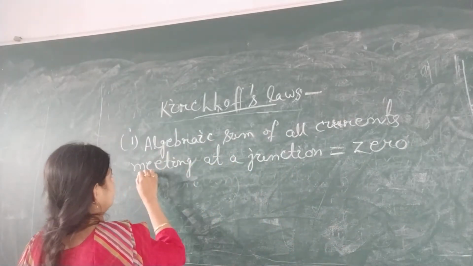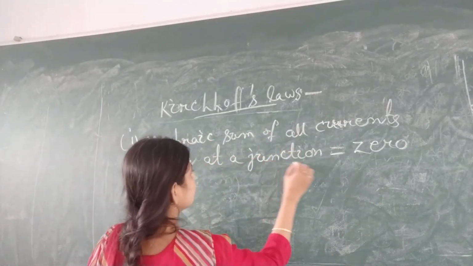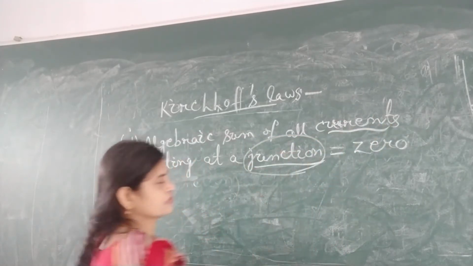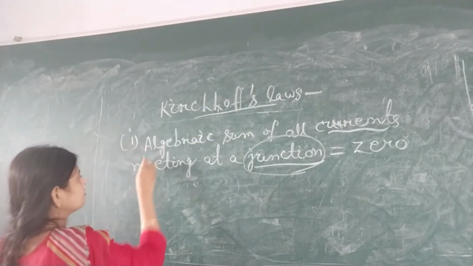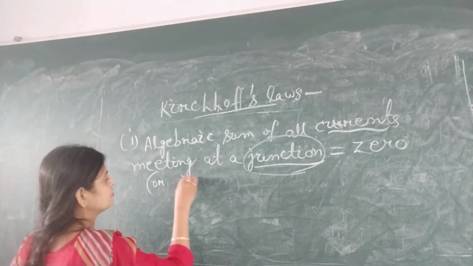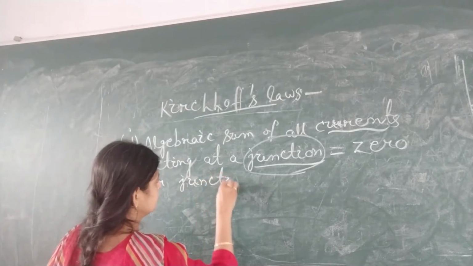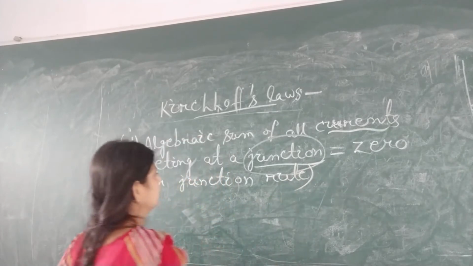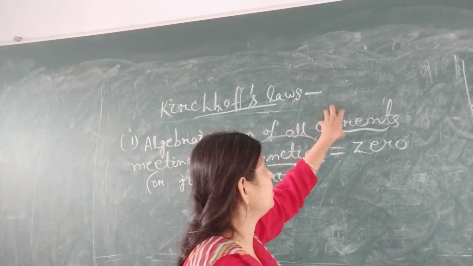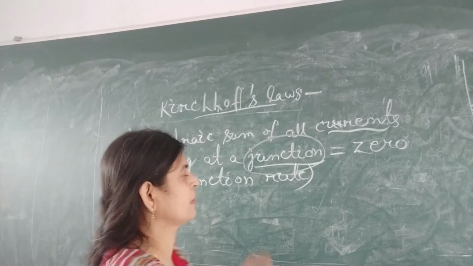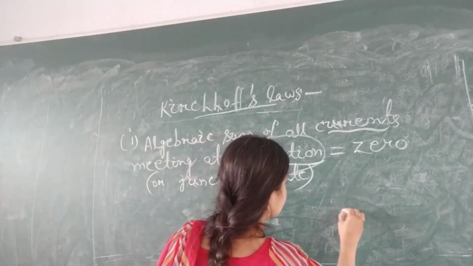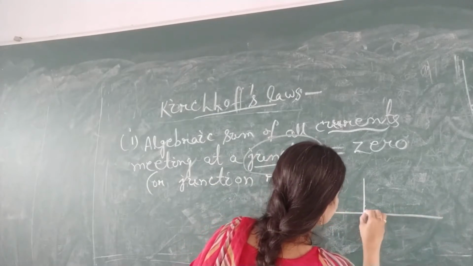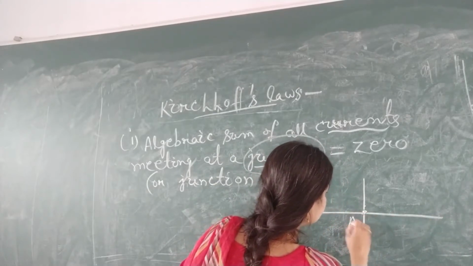So, in this law, we are discussing the currents and junction. That's why the first law is also called the junction rule or junction law. Now, what do you mean by this? For example, suppose A is the junction.